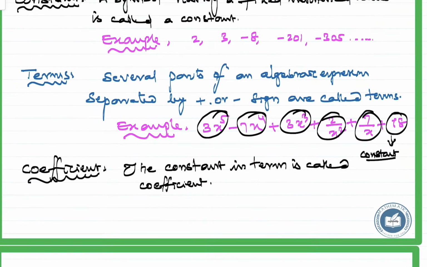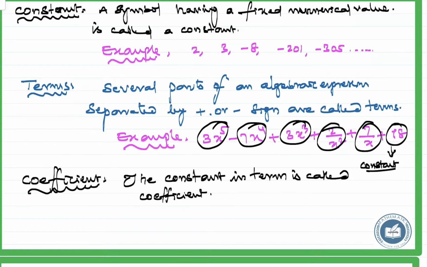Now we can discuss one example. In the previous algebraic expression, in 3x to the power of 5, the coefficient of x to the power of 5 is 3.